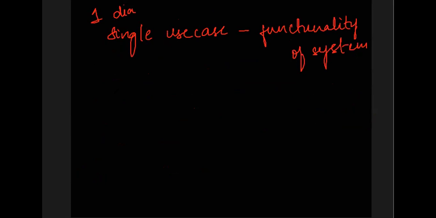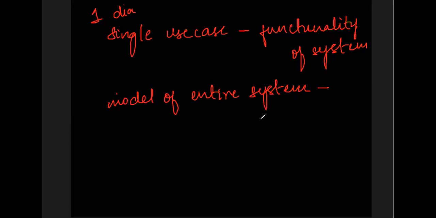Whereas when you need to model the entire system, that is, you need to know the behavior of the entire system, then you're going to use multiple use case diagrams. For this case, you require the drawing of multiple use case diagrams.